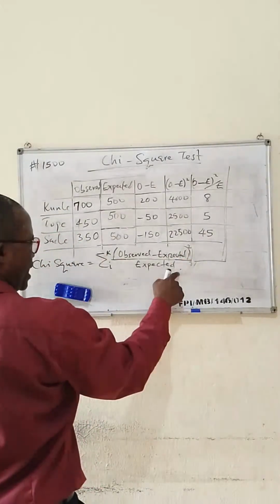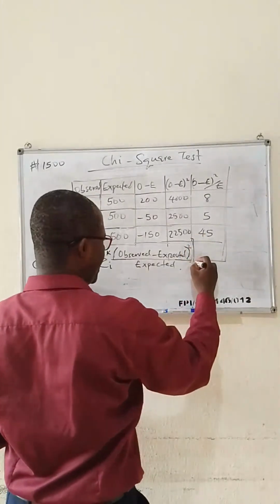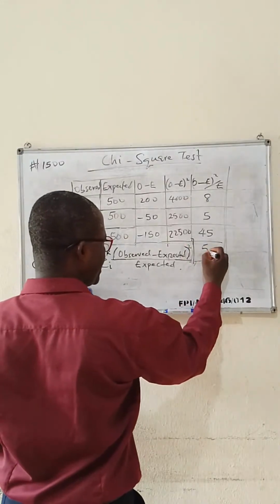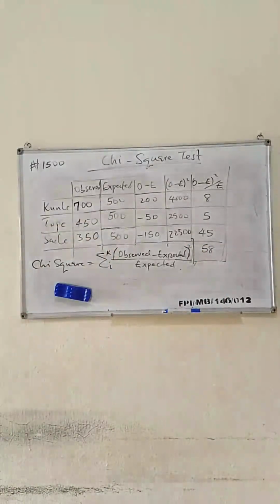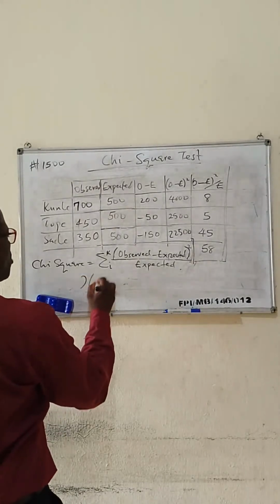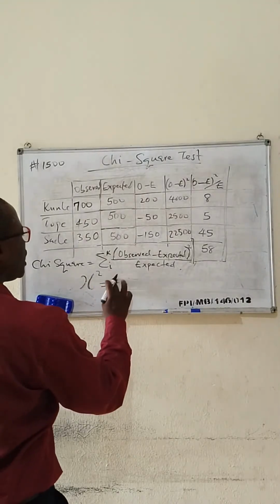Then we take a summation of that. Sorry for the way the board is small. Check the formula again. And the answer is 58, isn't it? What did you get on your own? 45. Okay, that's the last one. Then the summation of everything is 58, and that's our chi-square. Chi-square, written like a big X like this, is equal to 58.